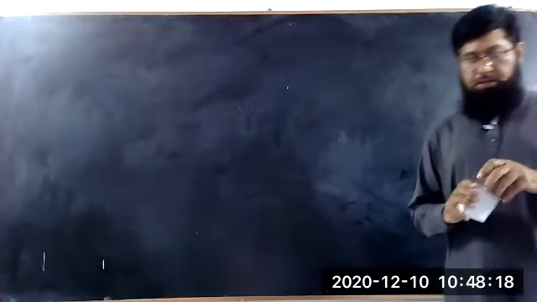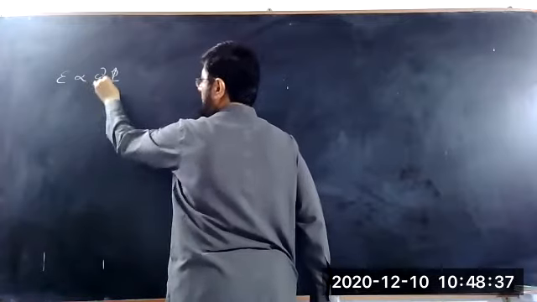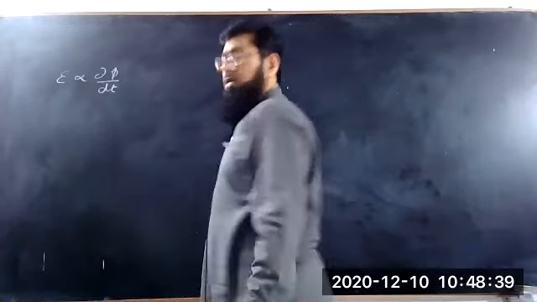So last time we were discussing Faraday's law of electromagnetic induction. In Faraday's law, what we have learned is that the induced EMF E is directly proportional to the rate of change of flux passing through the coil.